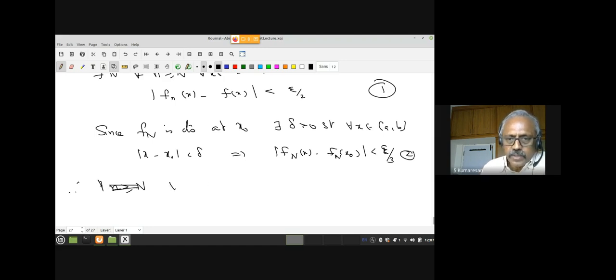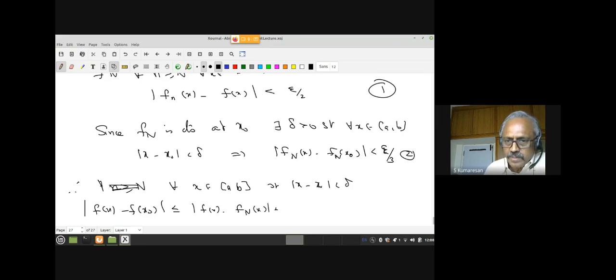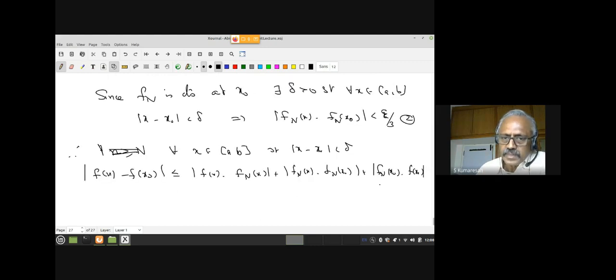Therefore, for all x in [a,b] so that mod x minus x naught is less than delta, we have mod f(x) minus f(x naught) is less than or equal to mod f(x) minus f_n(x) plus f_n(x) minus f_n(x naught) plus f_n(x naught) minus f(x naught). This first term is less than epsilon by 3 by the first equation.